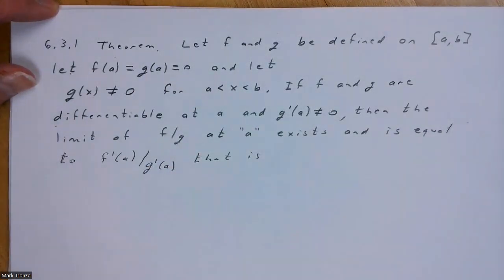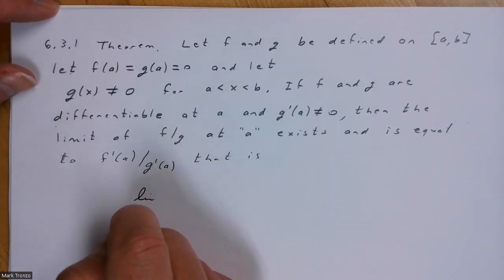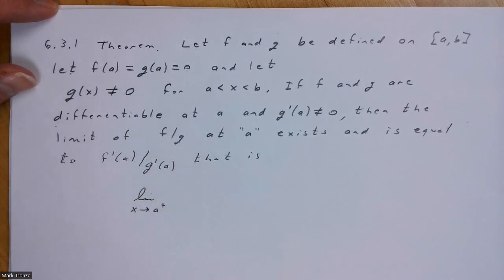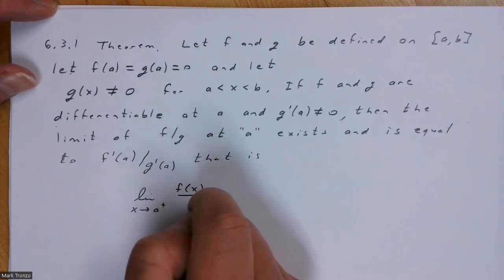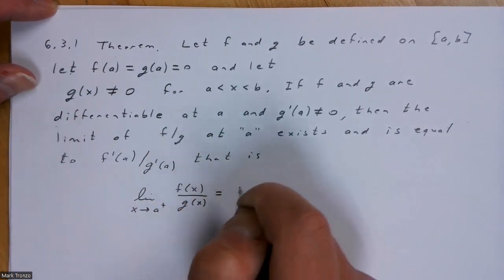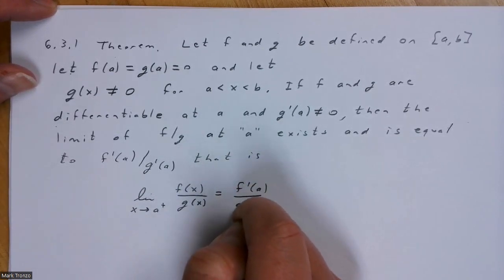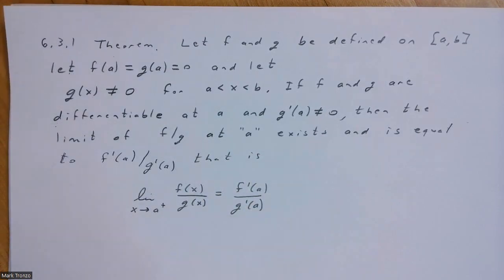That is, the limit as x approaches a from the positive side of f of x over g of x is equal to f prime of a divided by g prime of a, like this.